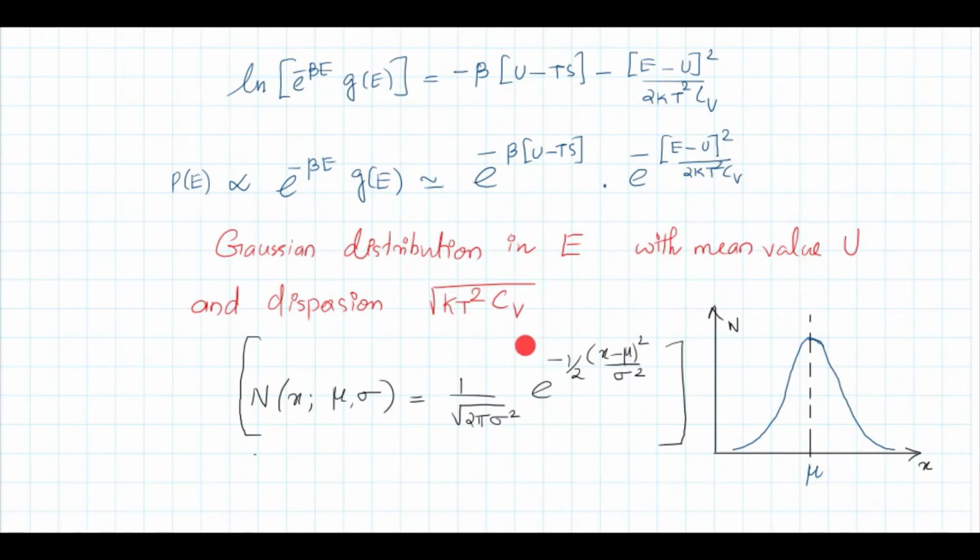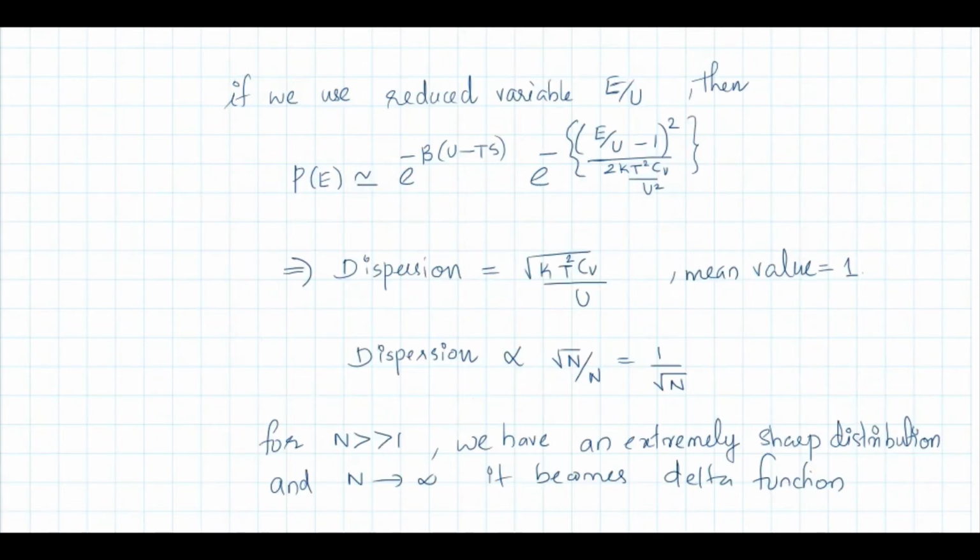This is the standard definition of a Gaussian, which is a peak centered at x equal to mu, and has a dispersion, or you can call it standard deviation, sigma. So instead of sigma, here you have the square root of k T square Cv. This is sigma square, so sigma should be the square root of k T square Cv.